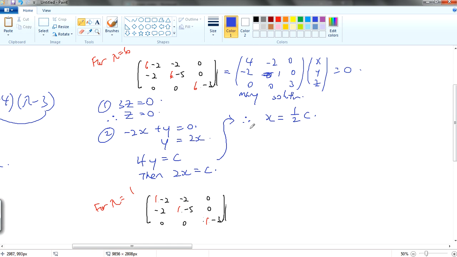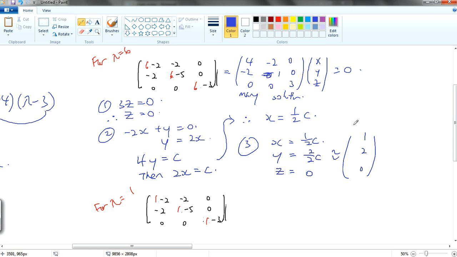Okay, please remember. And then now you know x and y, and you know z. Therefore, we know that x equals half c, y equals 2 over 2c, right? And z equals 0. We write it as 1, 2, and 0.